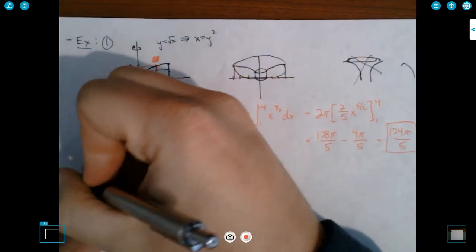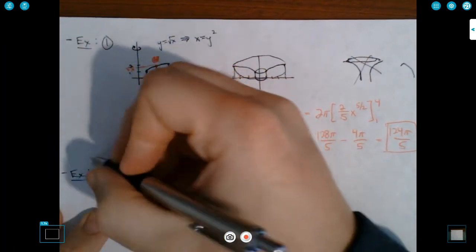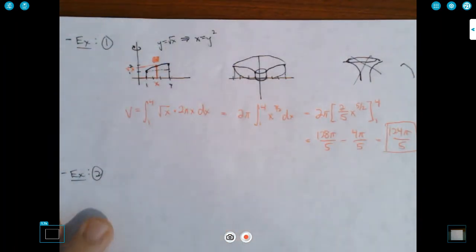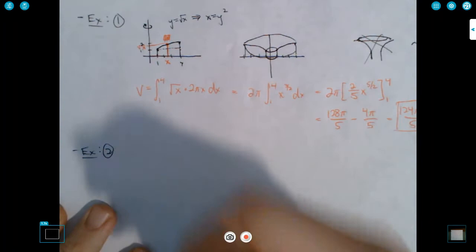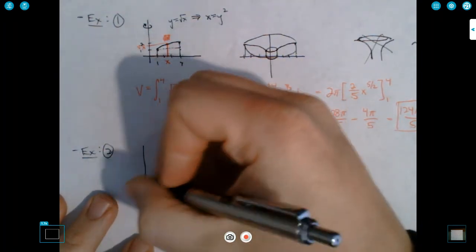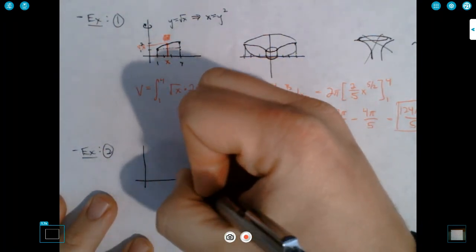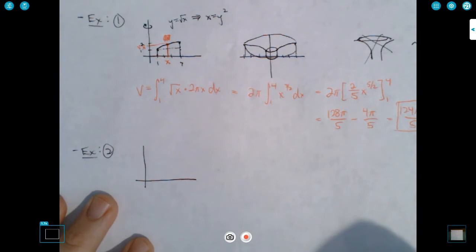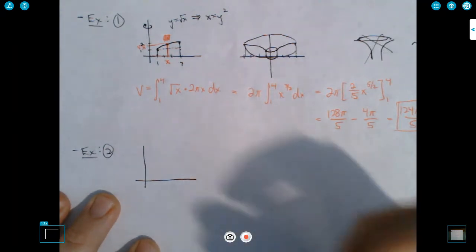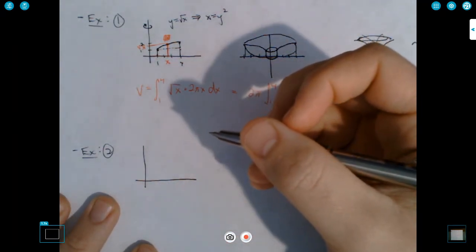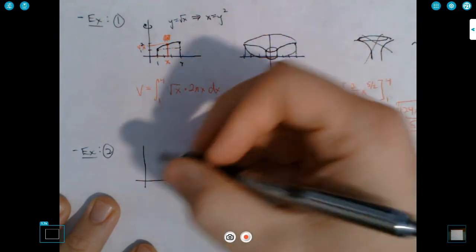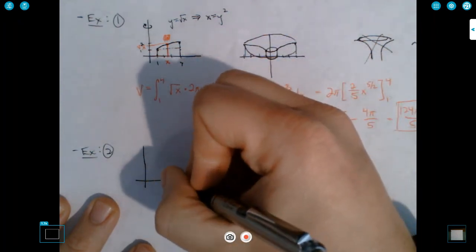Let's see if we can scratch it out. So what are we talking about? We're talking about the region in the first quadrant between y equals x squared and y equals x. Okay.